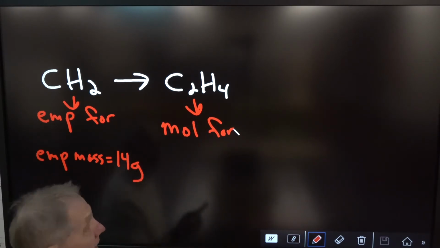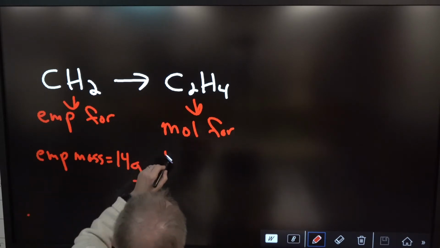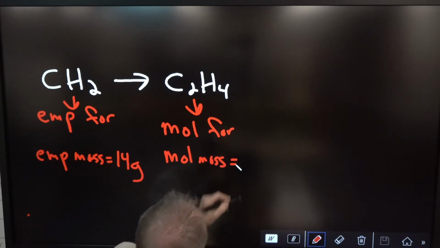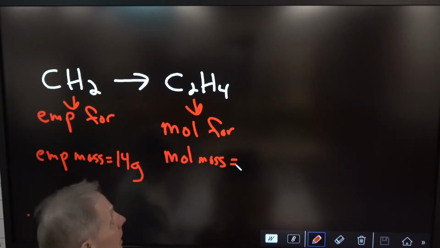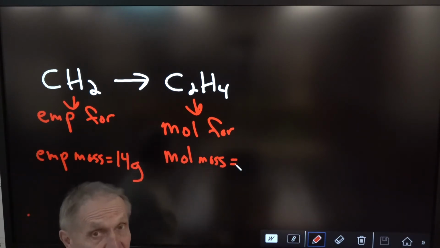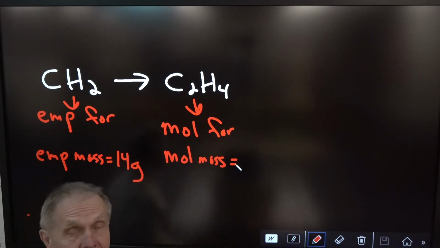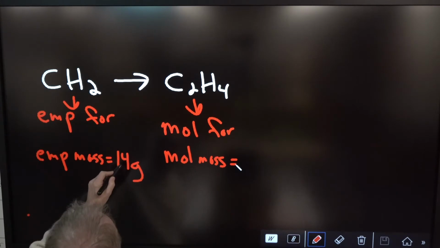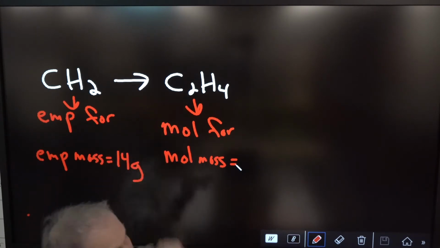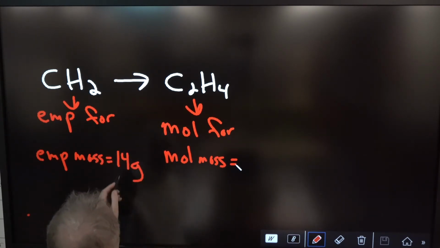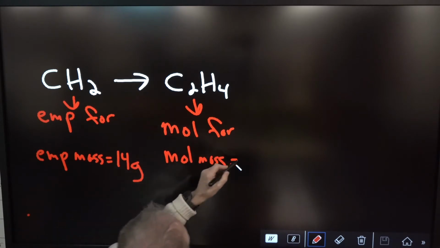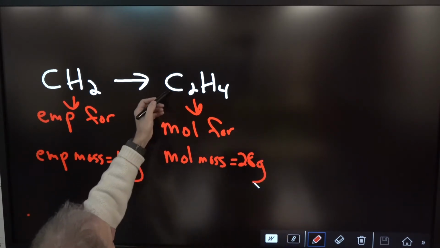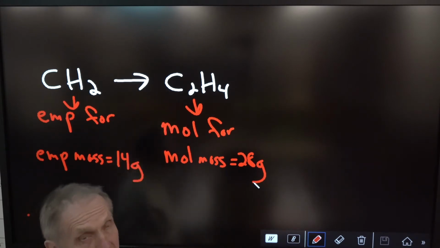And now we're going to find the molecular mass. And remember what I said a couple minutes ago, the molecular mass is a multiple of the empirical mass. So, if the empirical mass is 14, and I just doubled it for the molecular formula, then we just double that. So that's 28 grams. And you can count it here, 12 and 12 are 24, and 4, that's 28 grams.